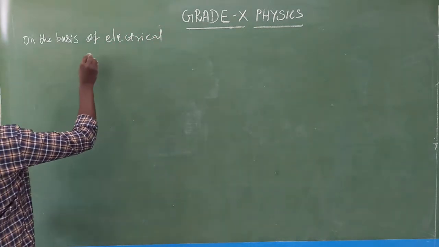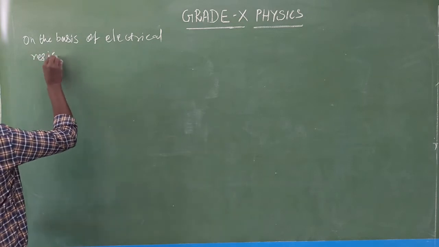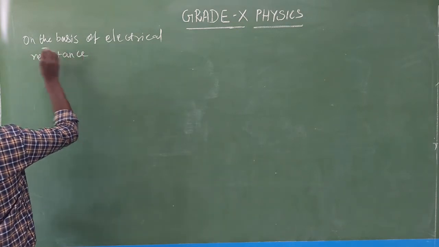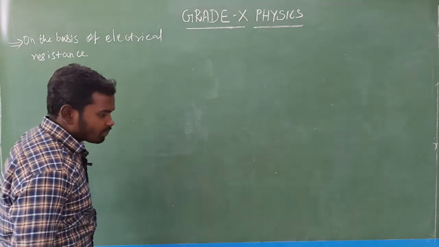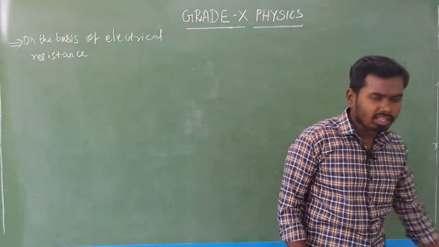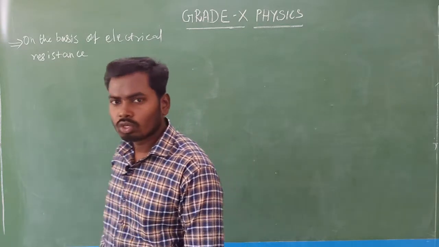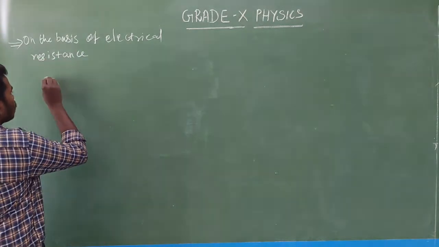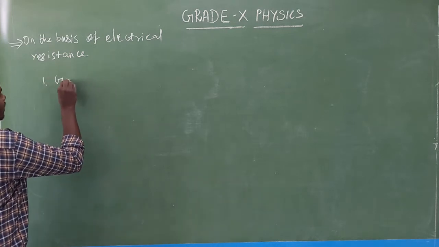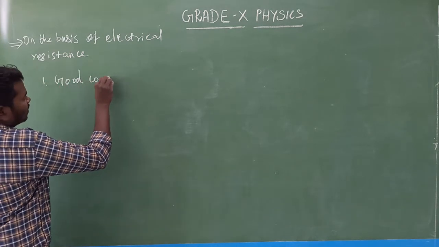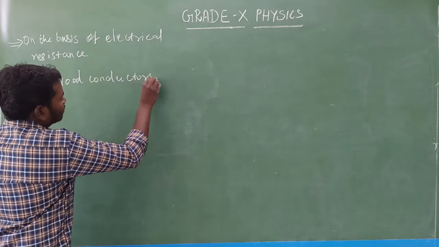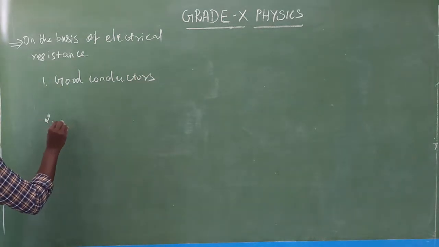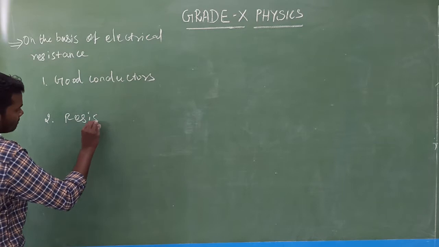This is a very important point. On the basis of electrical resistance, all things can be categorized into three groups. How many groups? Three groups. First one, that is good conductors. Second one, that is resistors.